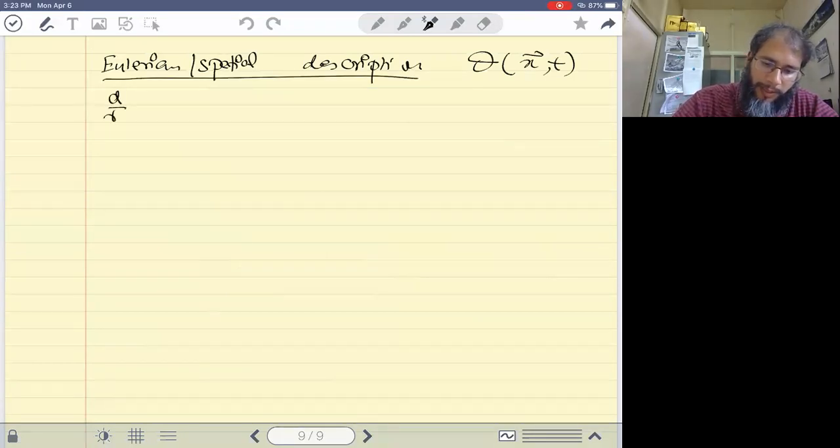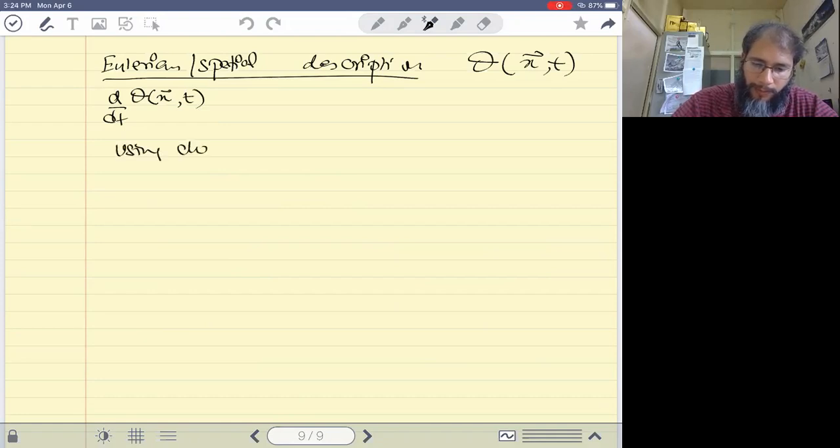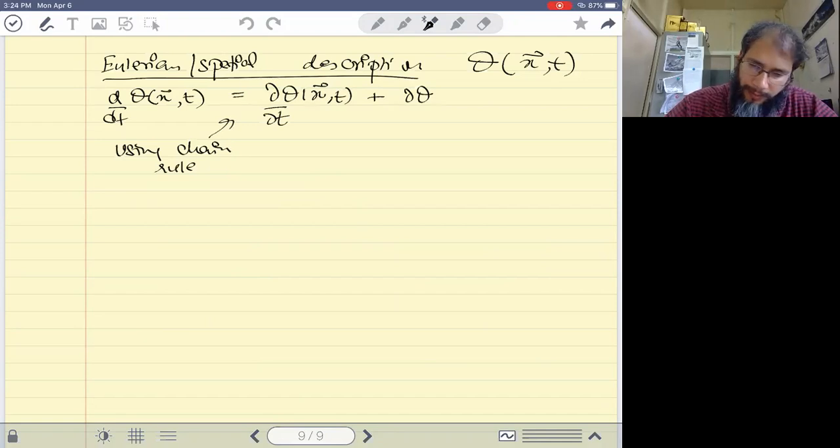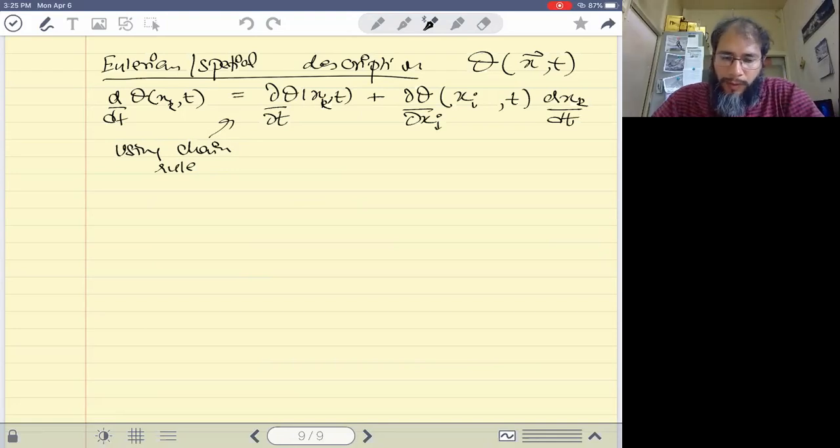So in that case, when you write d by dt of theta, using the chain rule, you can write this as the partial derivative with respect to t of theta plus... so we have used the chain rule.